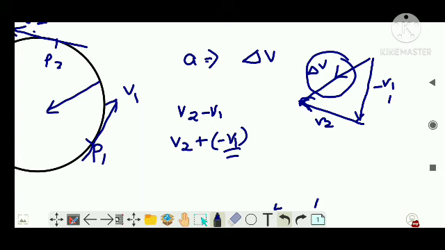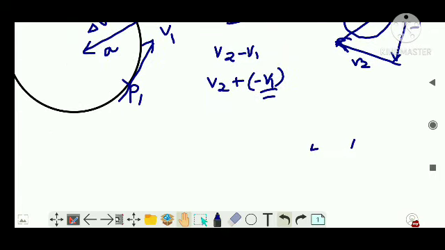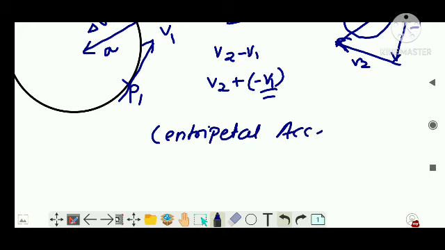So I can say delta V is towards the center of the circle. That means acceleration is towards the center of the circle. And this acceleration, which is towards the center of the circle, is known as centripetal acceleration.